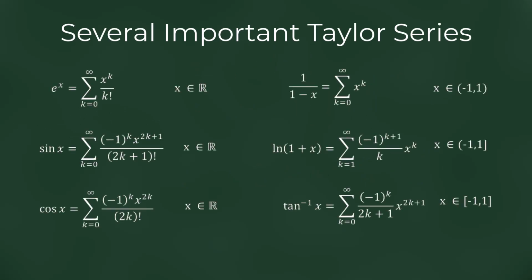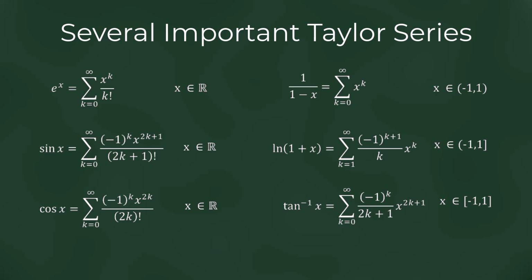All right, let's wrap this up. This is a very long one, but let's wrap this up with a summary of the 6 Taylor series that we saw here. We saw that e^x could be written as a series involving x^k over k factorial, and that equivalence worked for all real numbers. Similarly, sine of x and cosine of x, their Taylor series, are valid across all real numbers.